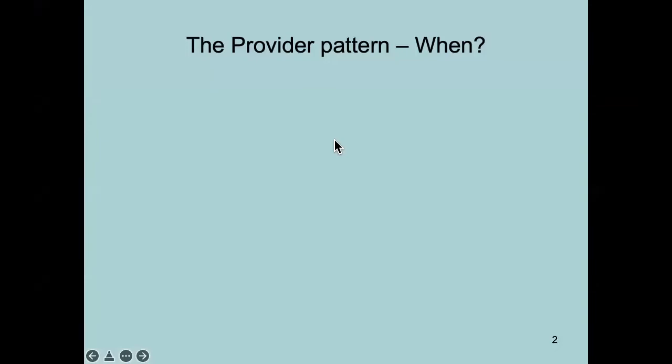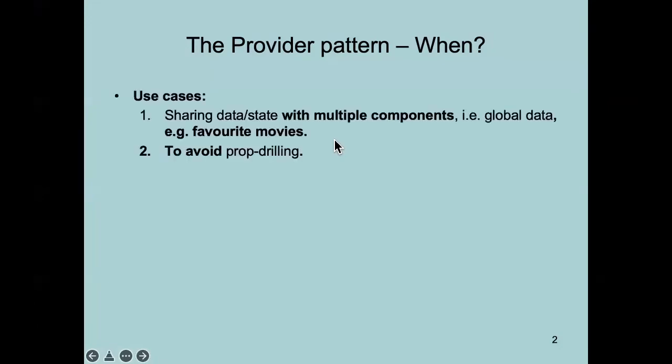So the pattern is called the provider pattern. And when do we need to use it? What's nice about this pattern is that it has very specific use cases where it becomes useful, and it's quite easy to identify an opportunity for it.